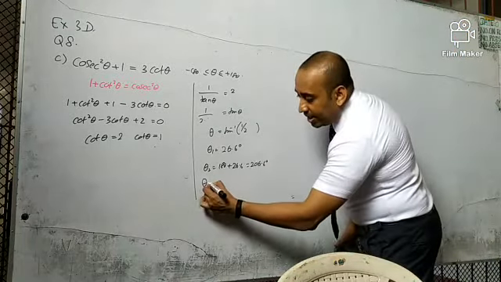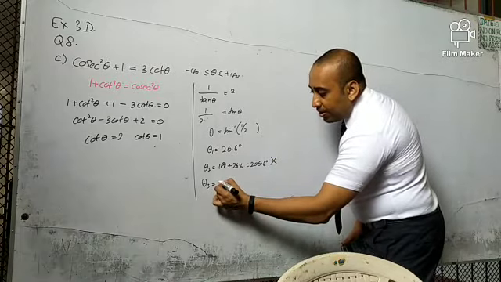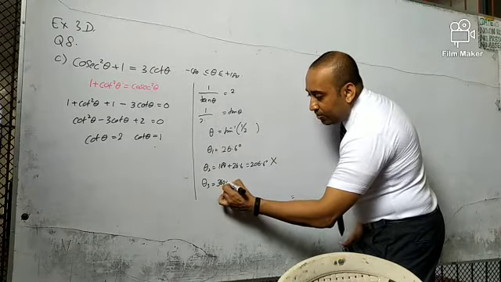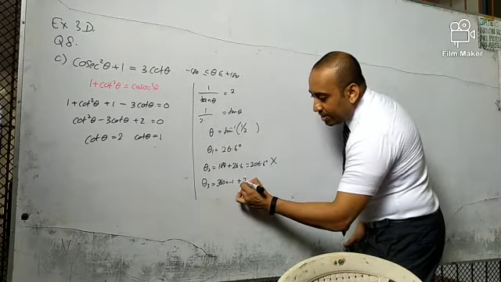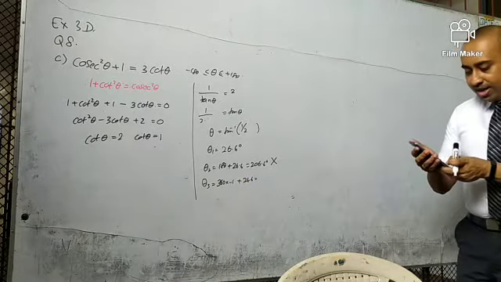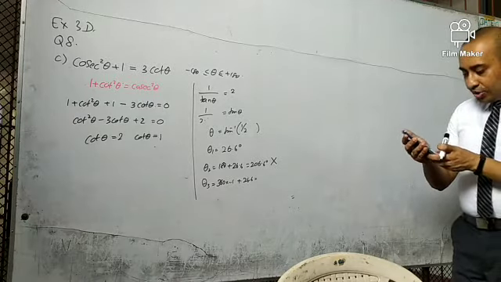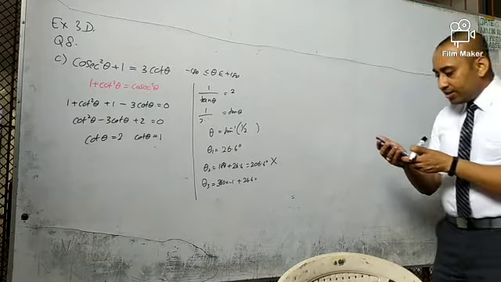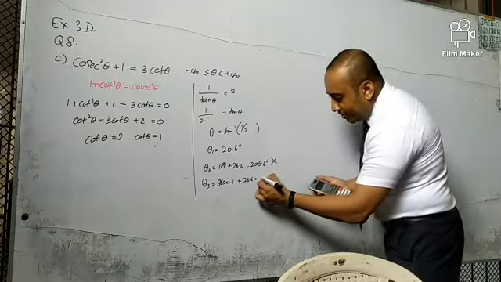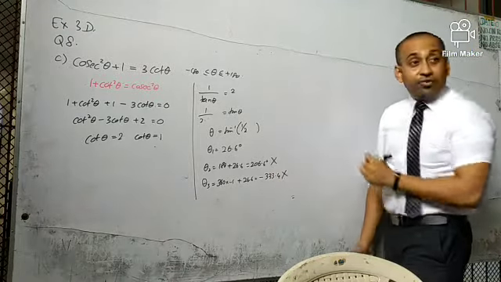So theta 3, this is out of range: minus 360 plus the first angle, 26.6, that is minus 333.4. This one is also out of range.